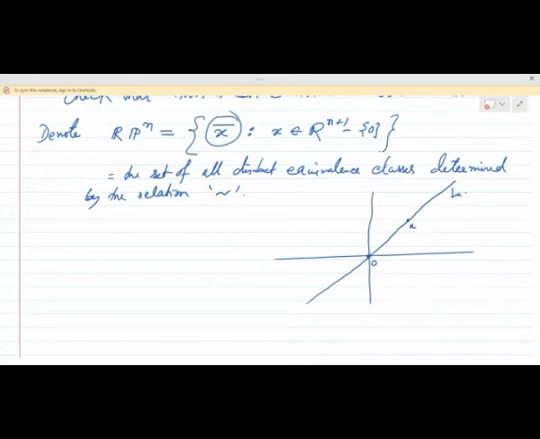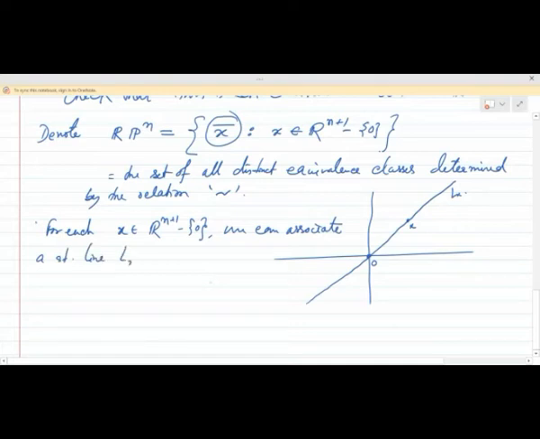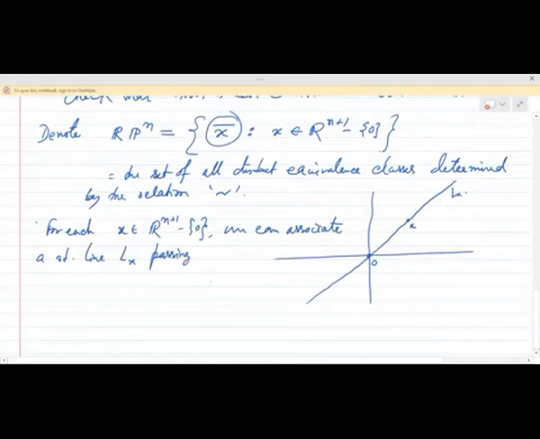So for each x belonging to Rn plus 1 minus 0, one can associate a straight line Lx passing through the origin and x, which is unique.